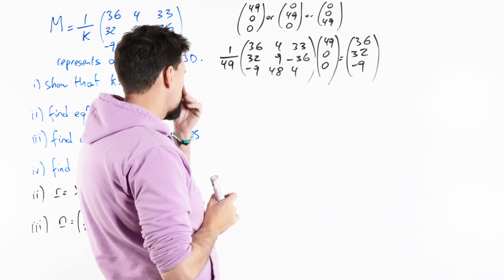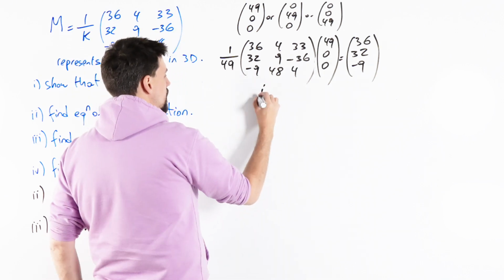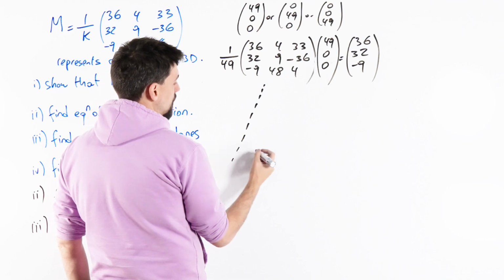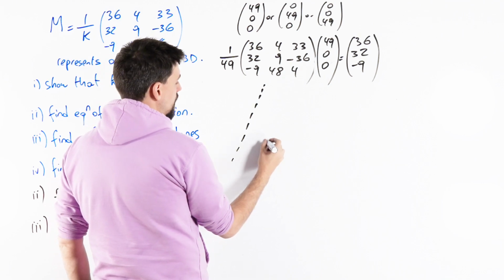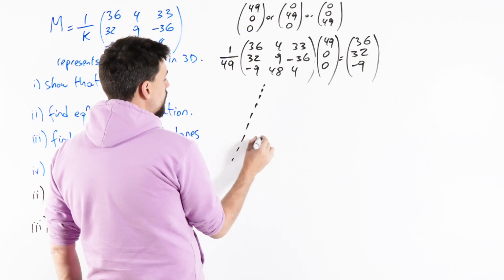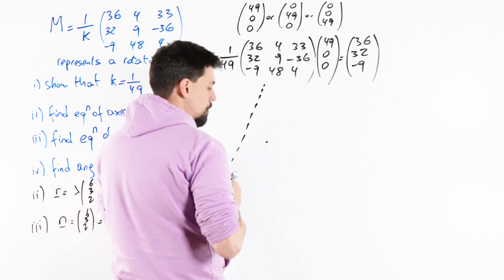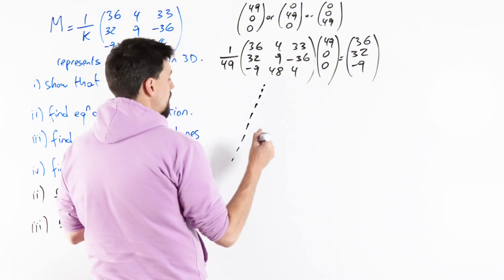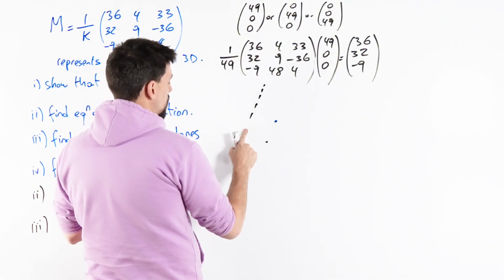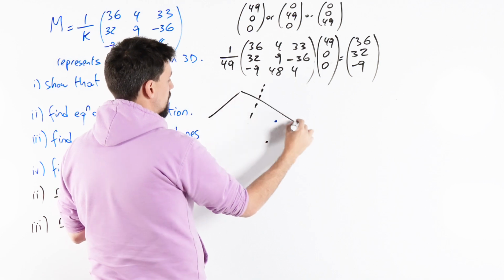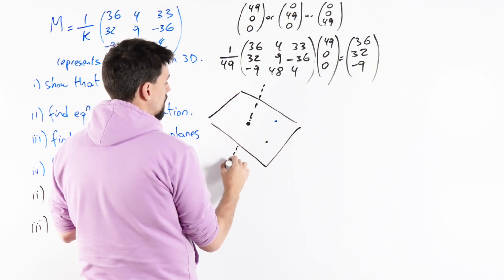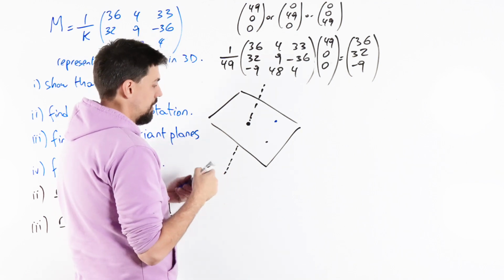Okay. So what have we got? We've got our axis of symmetry, and we've got our original point here, and we've got our transformed point over here. Now let's visualize this all as being in a plane.